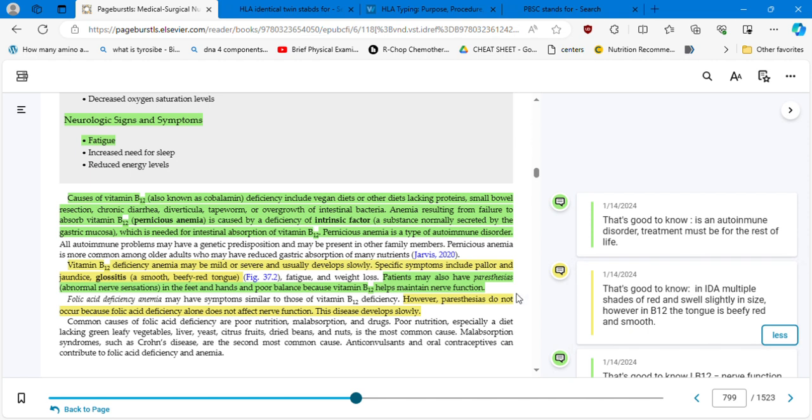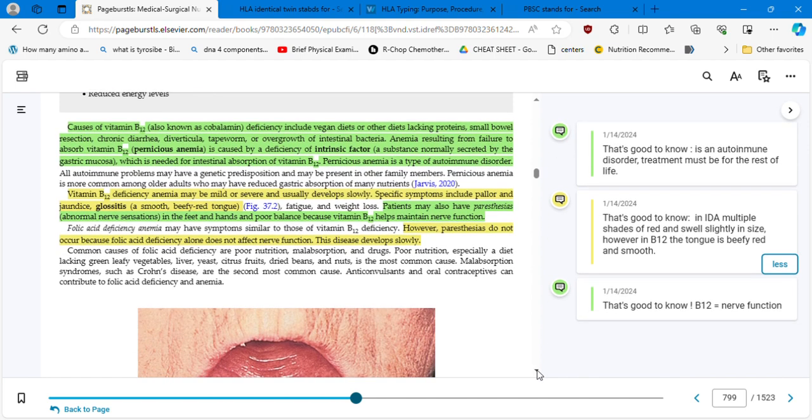Okay, patients may also have paresthesias and abnormal nerve sensation in the feet and hands and poor balance because B12 helps maintain nerve function. That's good to know too. B12 always presents with nerve function problems versus folic acid.